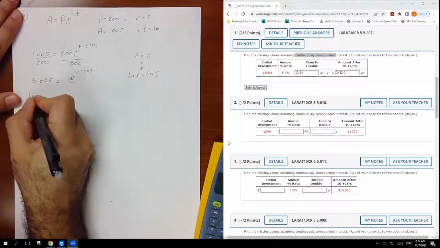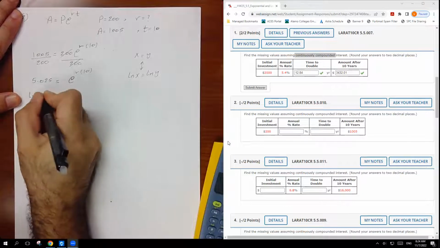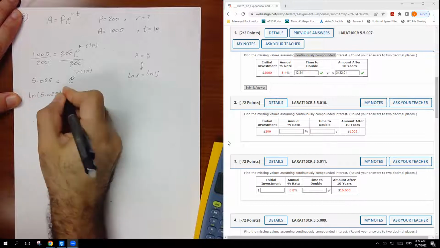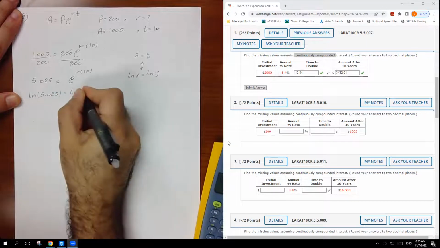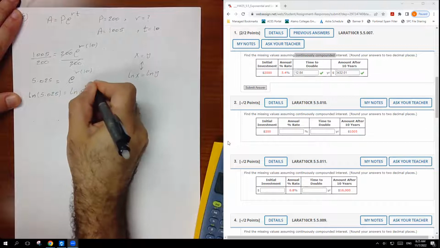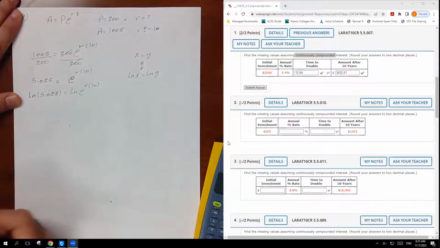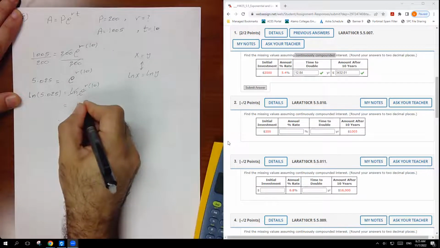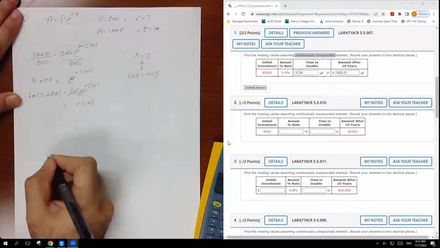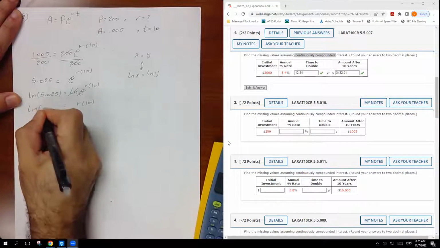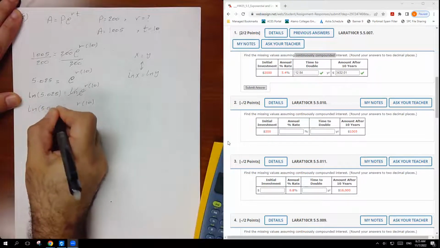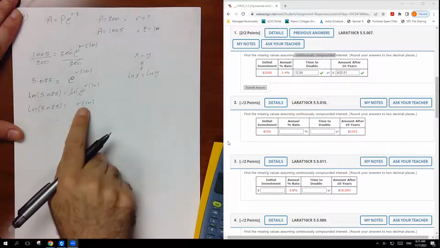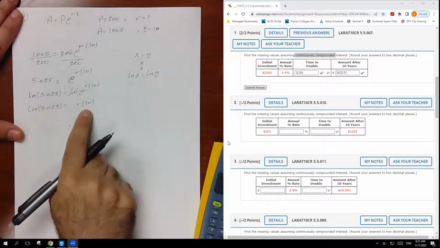That means ln of 5.025 equals ln e to the r times 10. Cancel this one with this one. So it's going to be r times 10. And on this side is going to be ln 5.025.